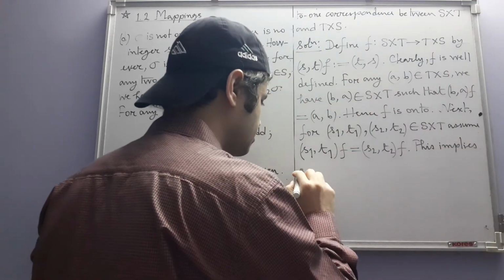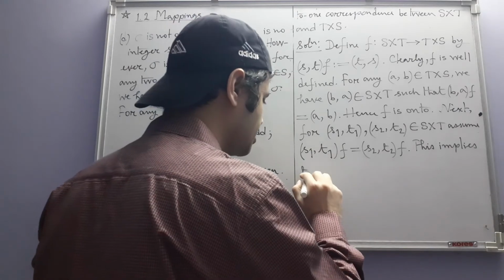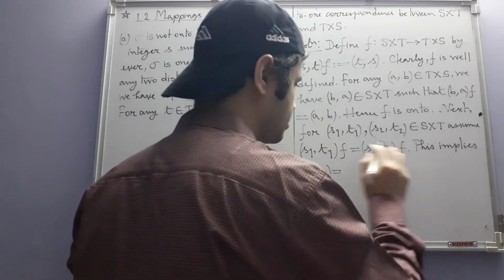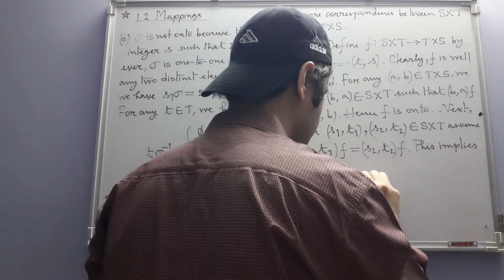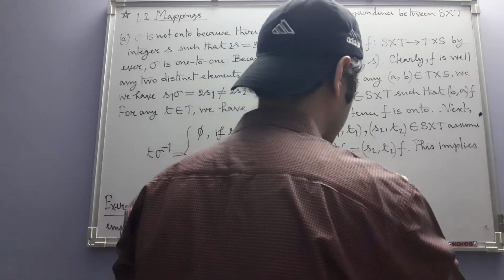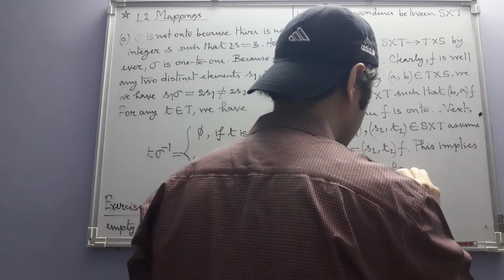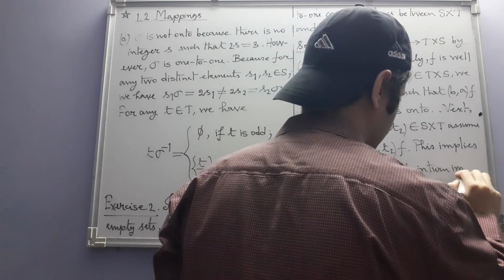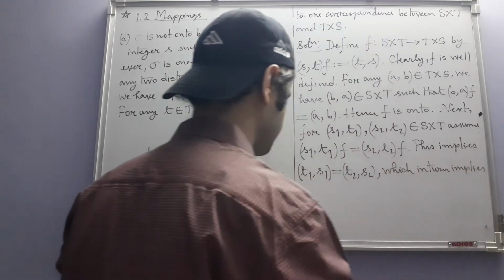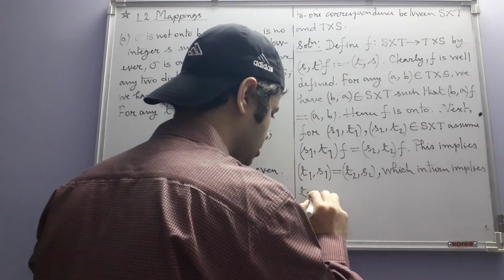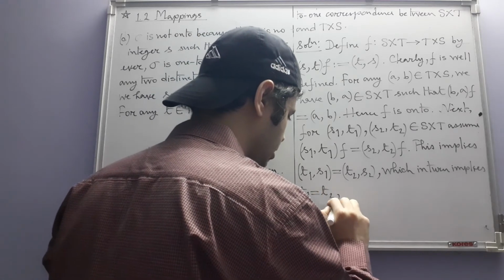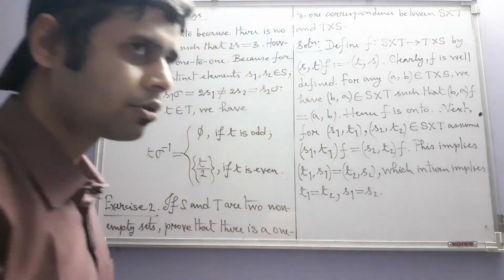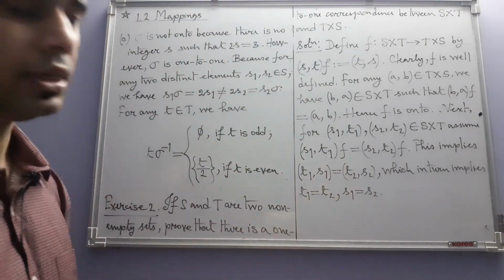This implies f of S1, T1 means T1, S1 and f of S2, T2 means T2, S2. Which in turn implies T1 is equal to T2 and S1 is equal to S2. This is just the condition for two ordered pairs to be equal.